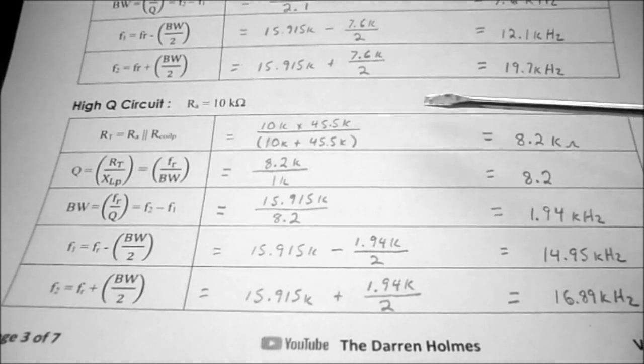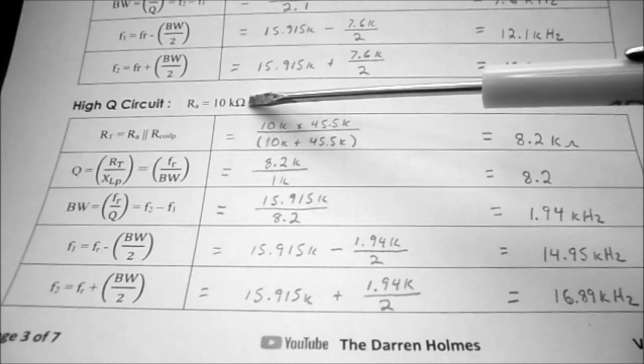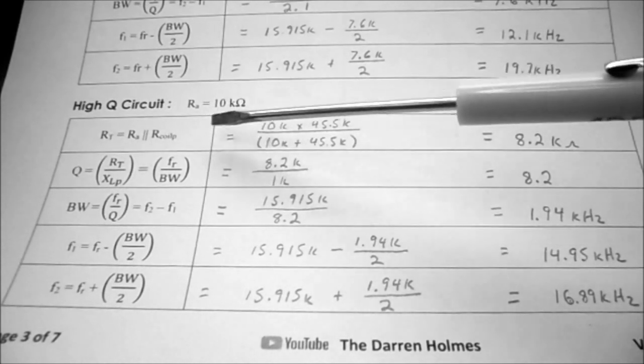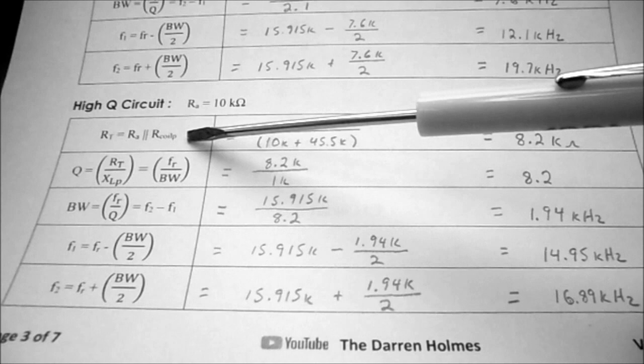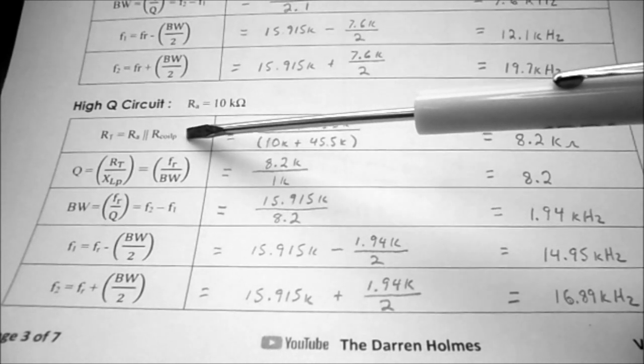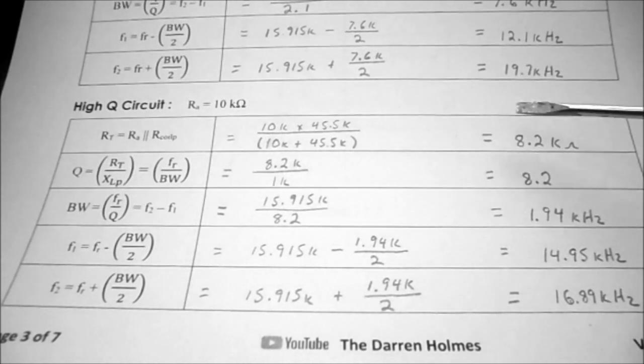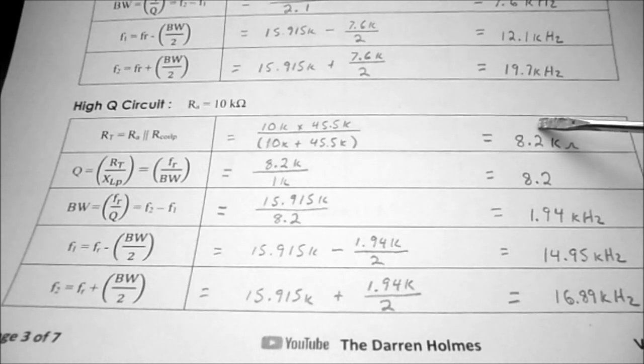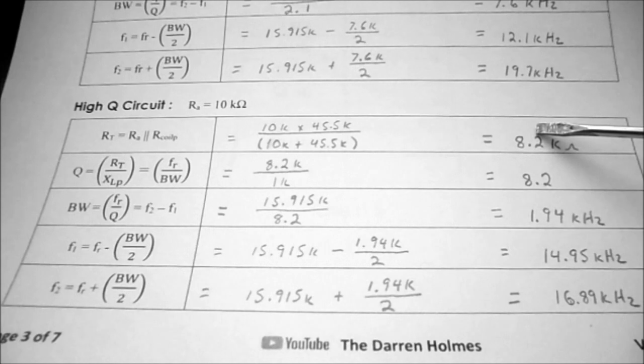So you can see if we just considered RA, it was 10K, but when we start considering that 22 ohms of the coil and take its parallel equivalent, it knocks our resistance down from 10K to 8.2K, which will affect the Q of the circuit.